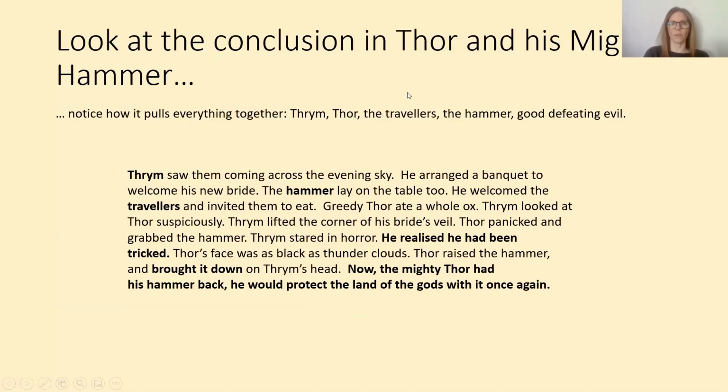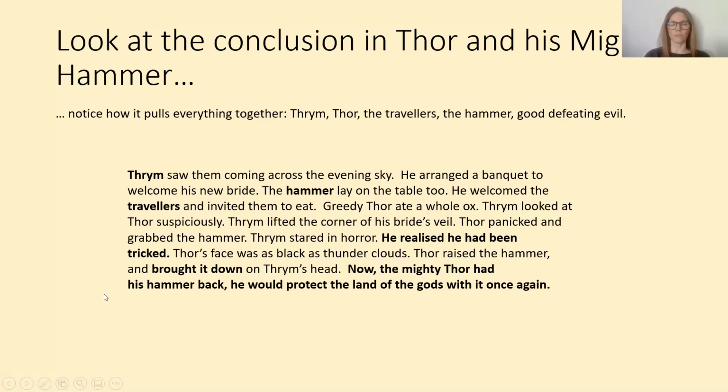Right, now to help you, what you could do is look at the conclusion in Thor and his mighty hammer and notice how it pulls everything together. I've highlighted some things in bold here so that you can see how all of these things were important running through the main body of the saga and how they are all addressed in this final conclusion. And this conclusion isn't particularly long, it's just a paragraph.